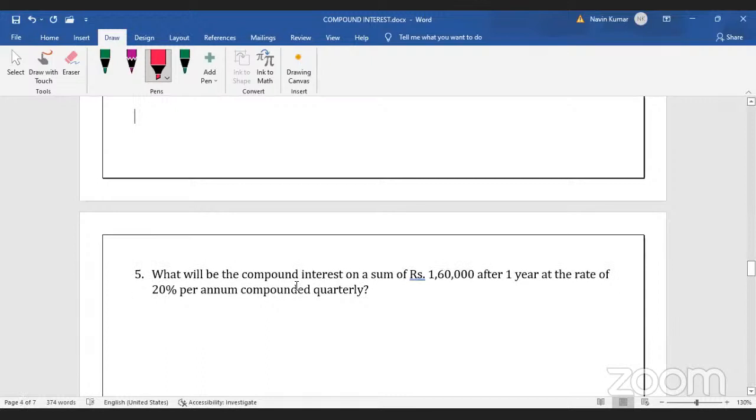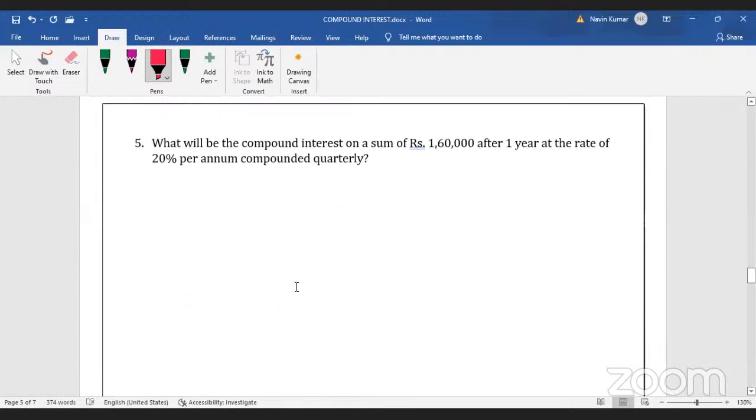Any doubt? No, sir. Then solve this. Here too they have given 1 year, so why did you write 4641?